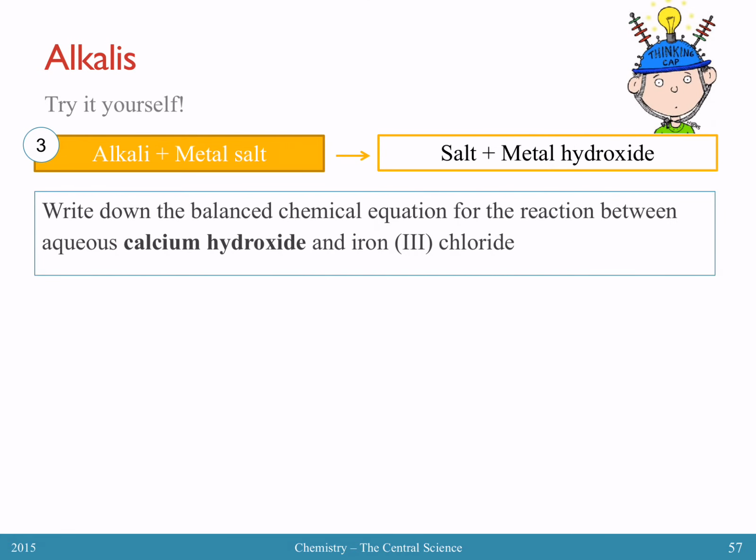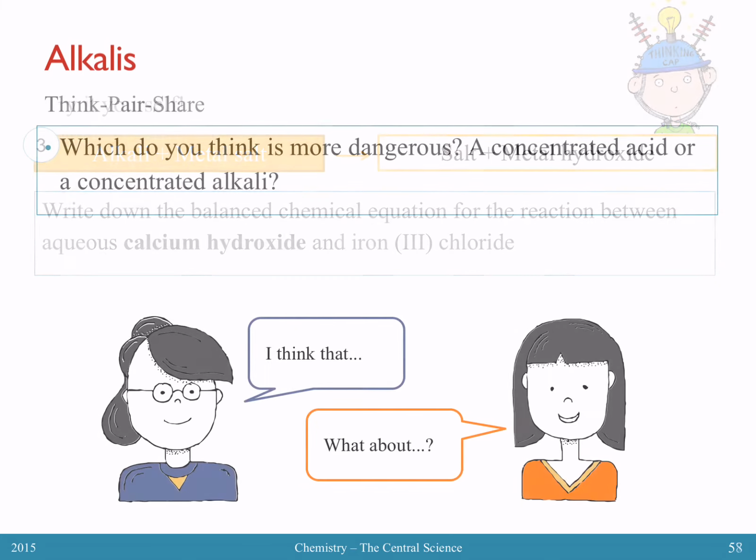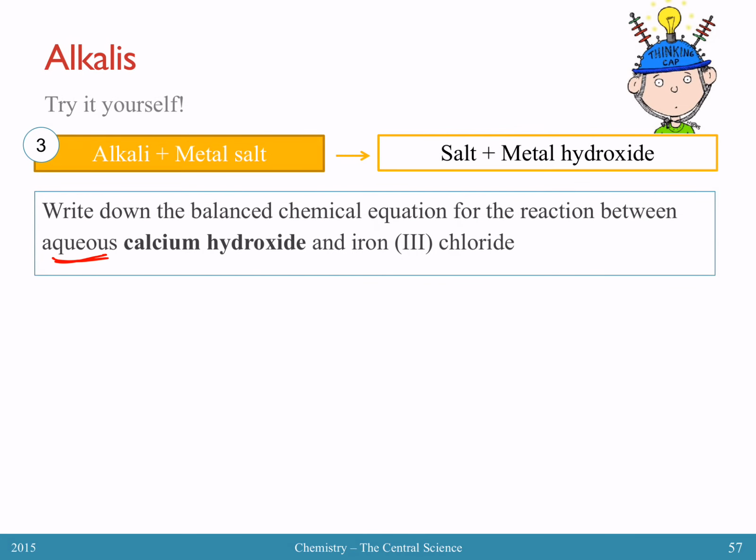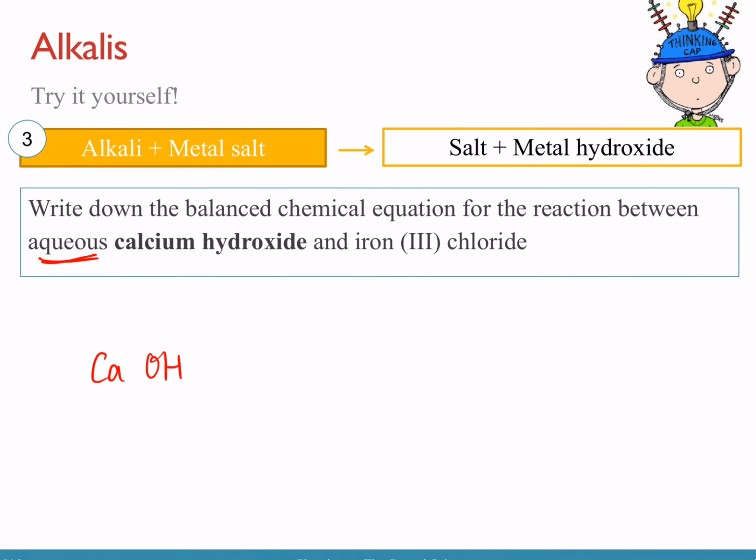So let's try this reaction. Write down the balanced chemical equation for the reaction between aqueous calcium hydroxide and iron 3 chloride. Okay, so calcium hydroxide, Ca(OH)2: one is 2 plus, one is negative only, so I need 2 of hydroxide, plus FeCl3.